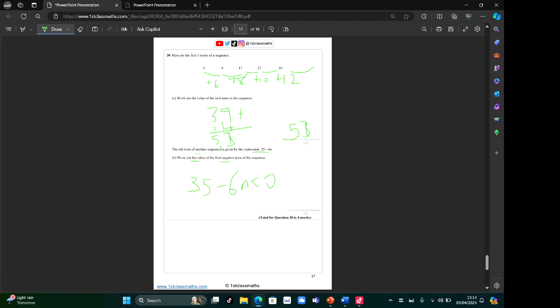So I'm solving an inequality. Step 1, add 6n to both sides and then divide by 6. So we get 35 over 6 is less than n. So n has to be greater than 35/6. And what is that as a decimal? Anyone know?